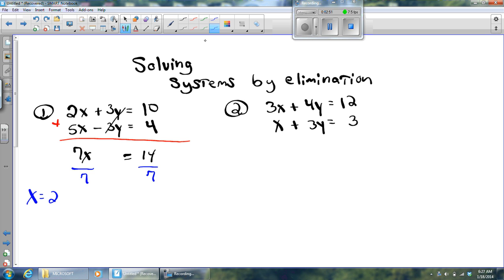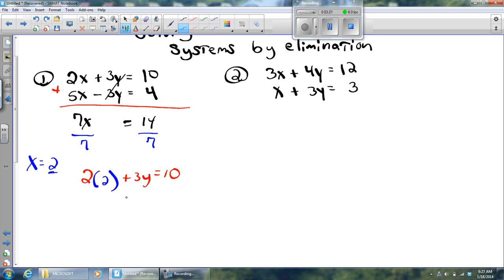Now, just like in substitution, we have to go back and figure out y. So we're going to substitute this 2 into one of the equations in place of x. I'm thinking that I'll do it in the top equation, so I'm going to have 2 times 2, because x is 2, plus 3y equals 10. I could have substituted it into the other equation, but I thought this one would be the easier of the two.